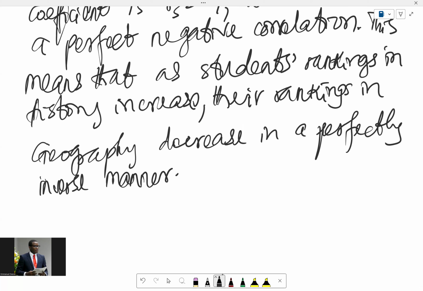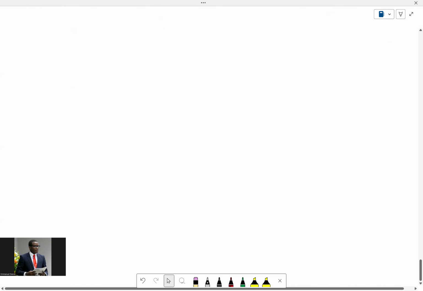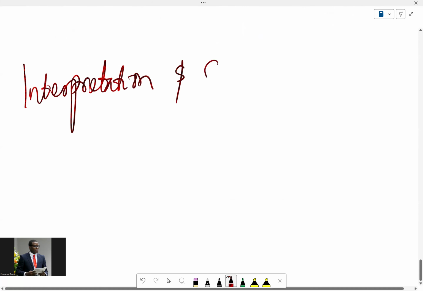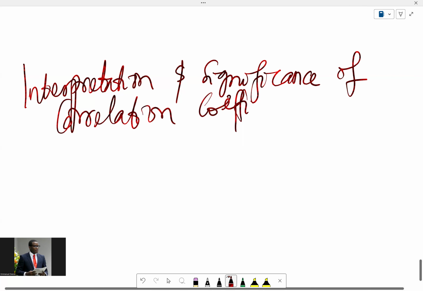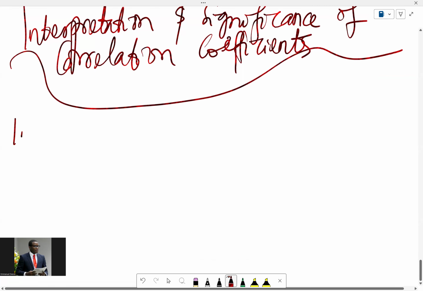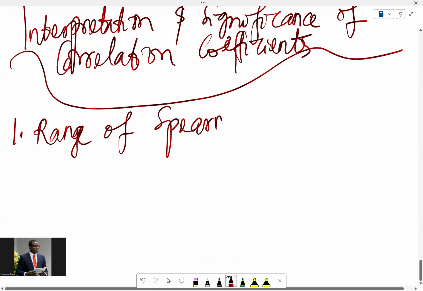So let's do the interpretation and significance of correlation coefficients.